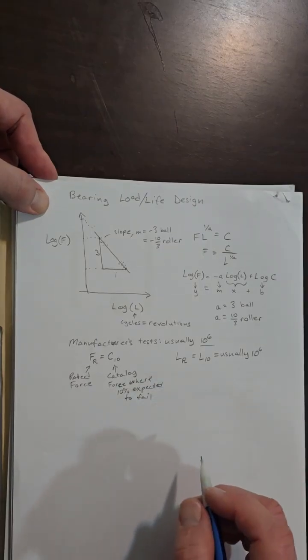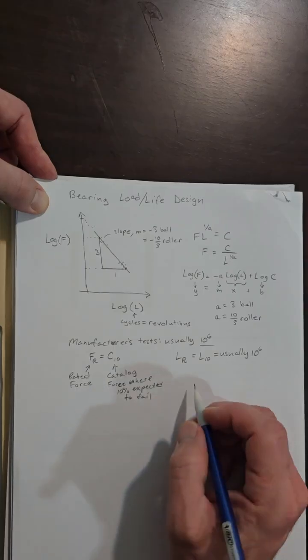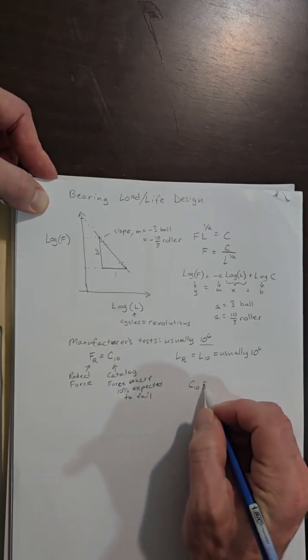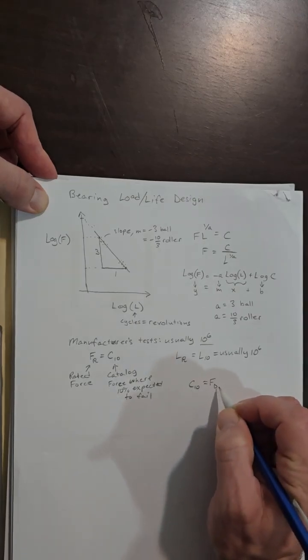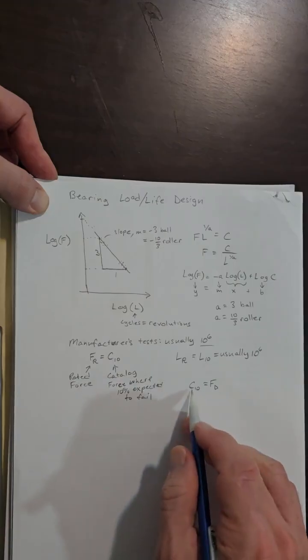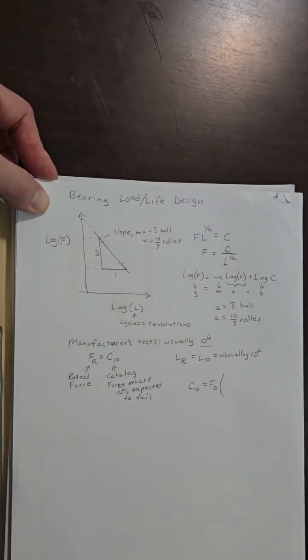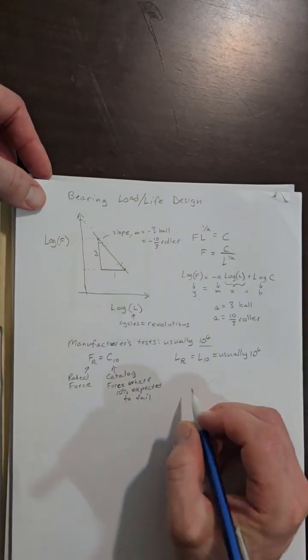So in my designs, I'm usually going to be interested in identifying what catalog bearing I need to purchase. So I'm going to want to solve for the C10, and my force will usually be something lower than the catalog force from the test data that the manufacturer is quoting. The way I compare it, let me take one step back. Remember we had this F L to the 1/A.